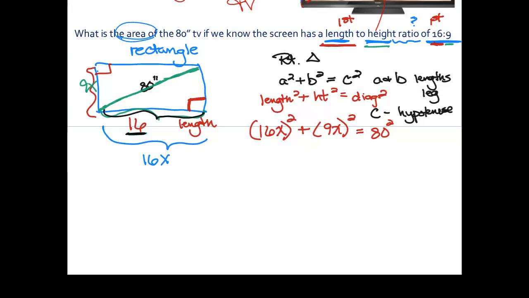What is the quantity 16x squared? If you square something, what does that mean?